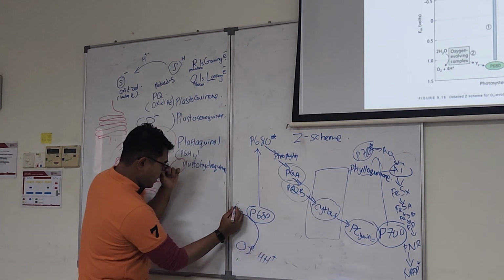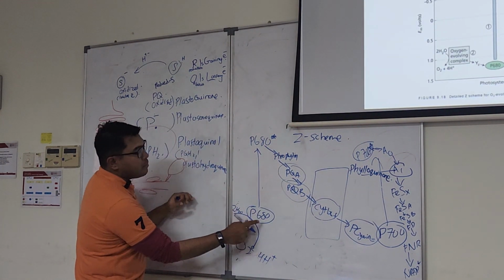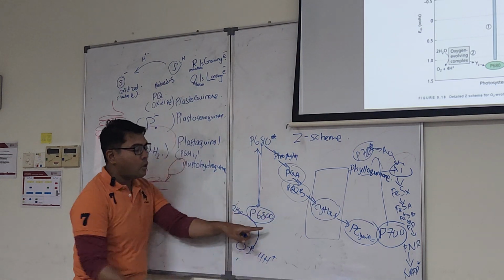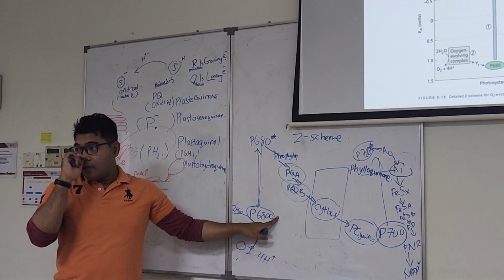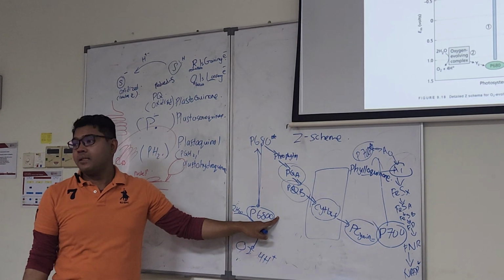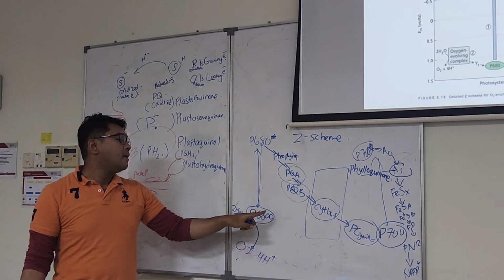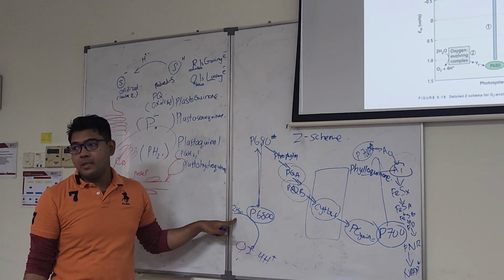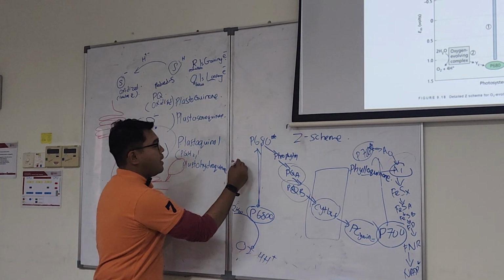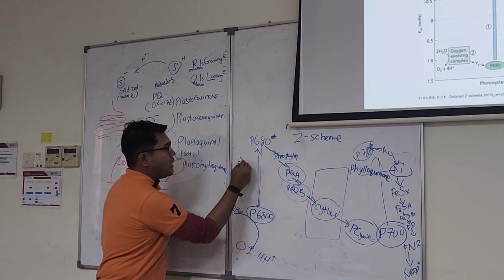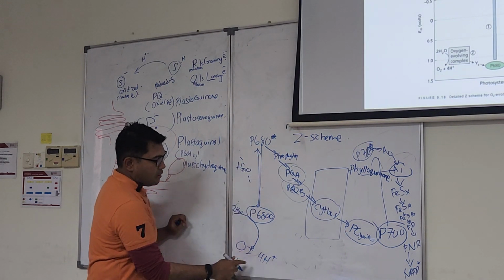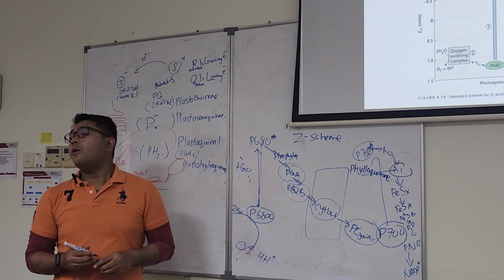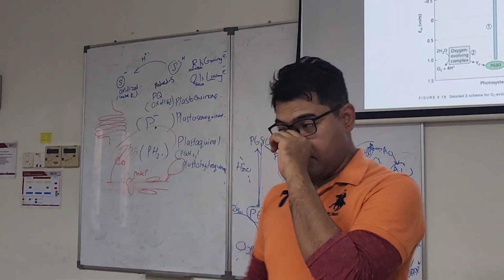Two molecules of water are split because the moment it gets excited, this thing contains a hole. This hole needs to be filled in by somebody, and who is that somebody? This thing steals electrons from water, and then the water is oxidized. Because water is oxidized, H2O is split. When it is split, that's why you get oxygen, plus 4 hydrogen.